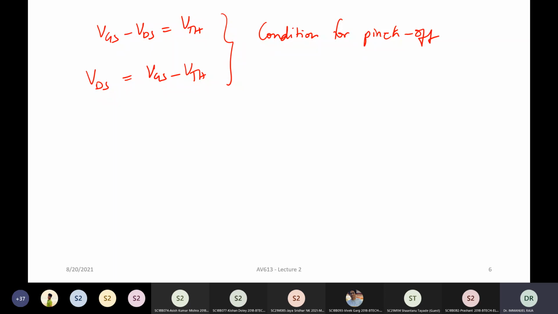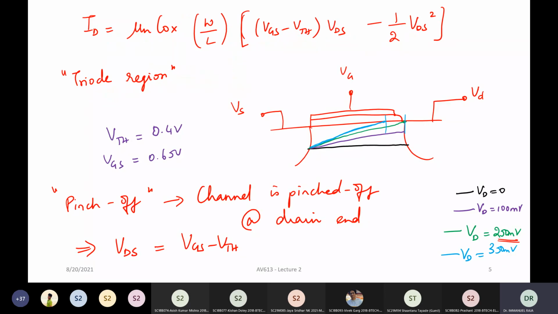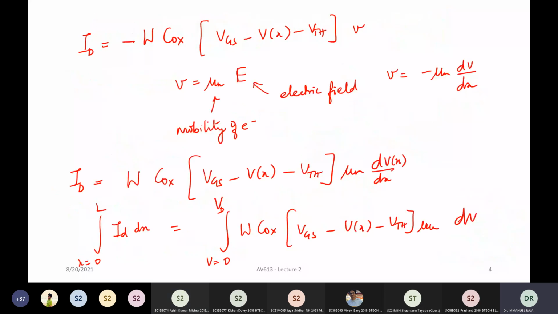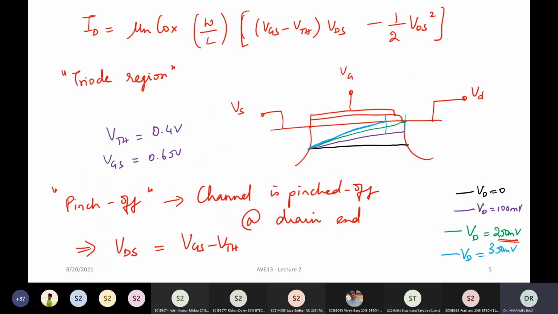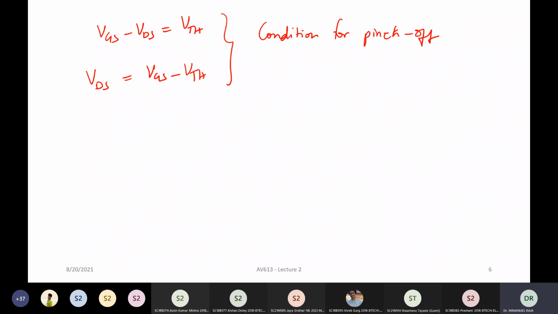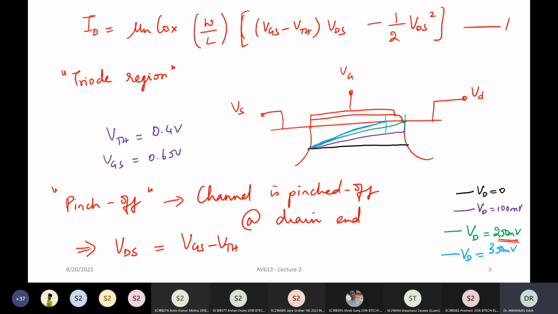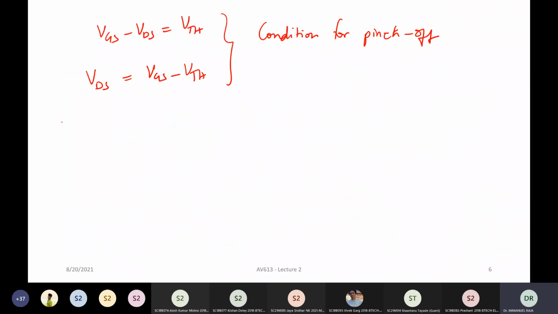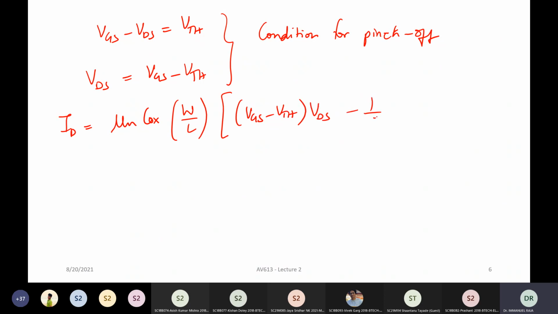Now, why is this pinch off important? You can go here and look at this expression that we have written, which is mu n Cox W over L times VGS minus VTH into VDS minus half VDS squared, right?